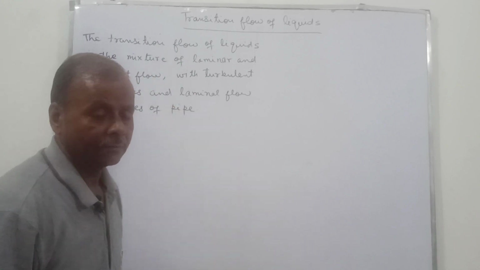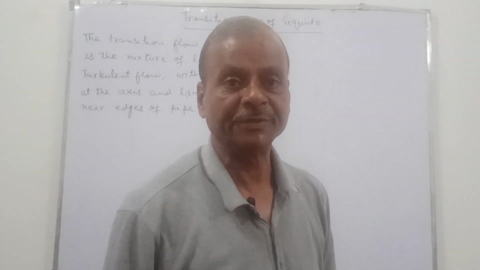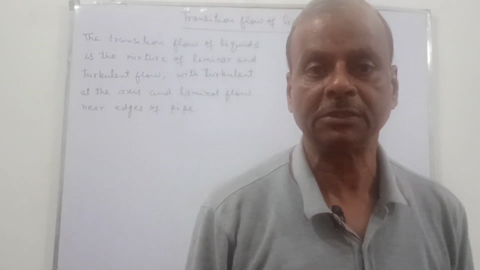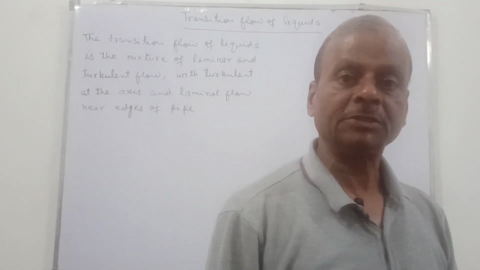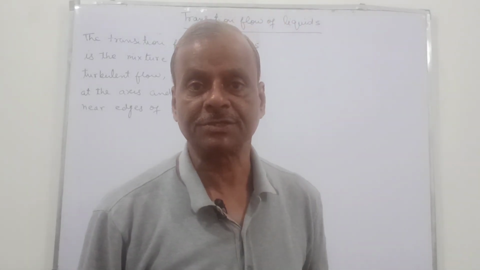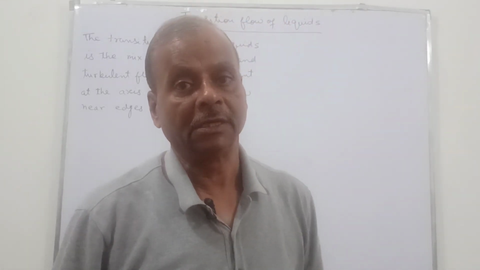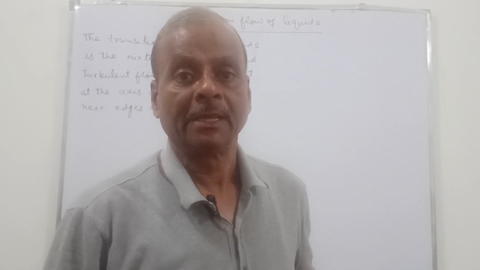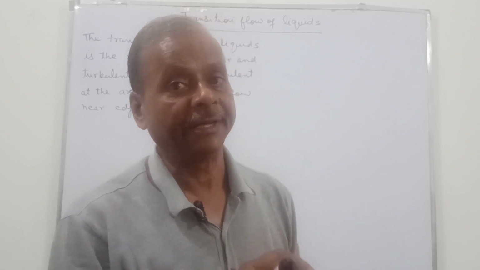So what we have? The transition flow is the mixture of laminar flow and the turbulent flow, with turbulent flow at the axis and the laminar flow at the edges of the pipe.